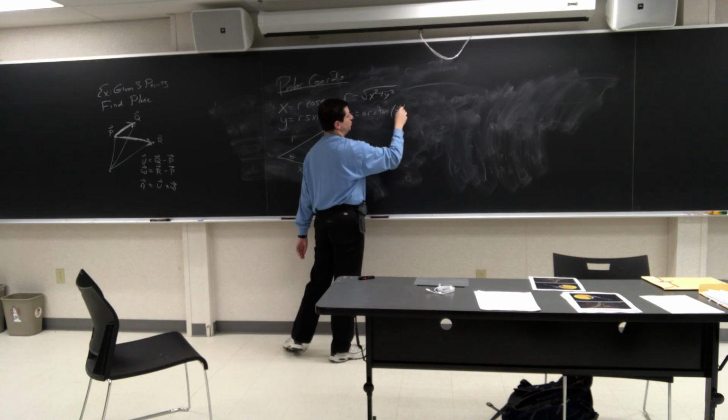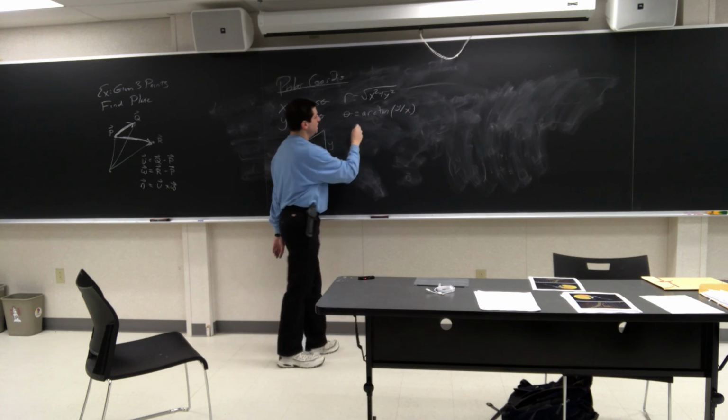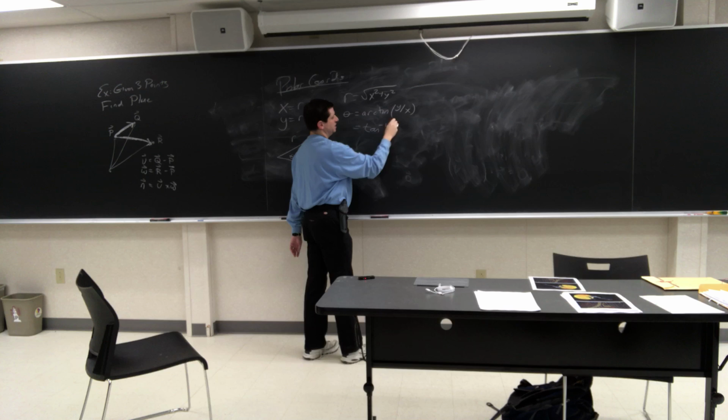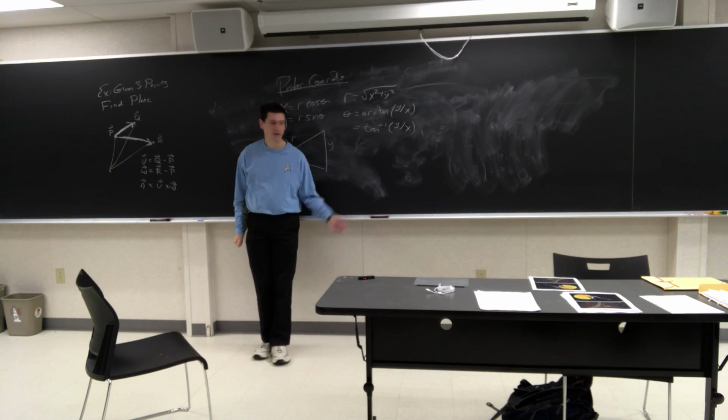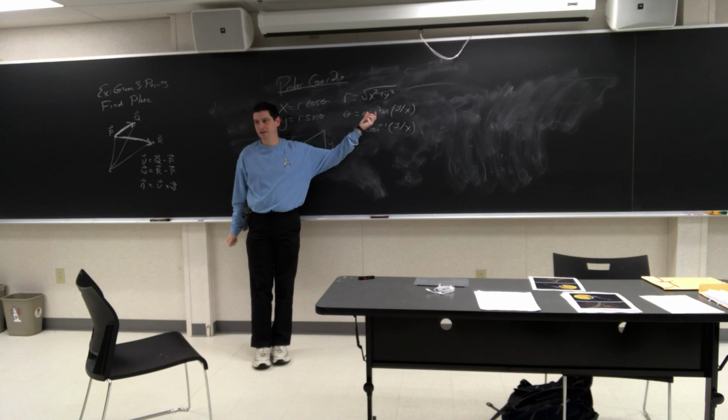It's arctangent of y over x. Sometimes people write this as tangent inverse of y over x. The reason I prefer arctan to tangent inverse is it's not clear sometimes, is this the inverse tangent or is this 1 over tangent? And that's why we actually use things like arctangent to make it really clear what we're talking about.